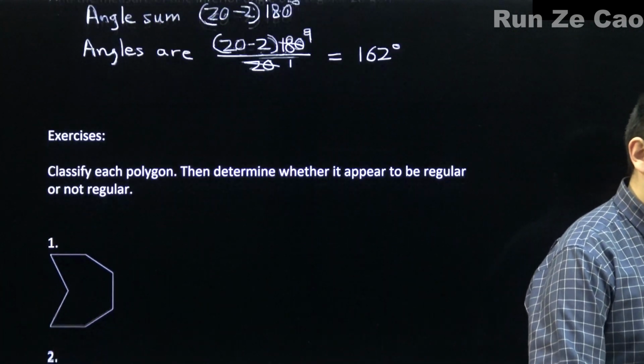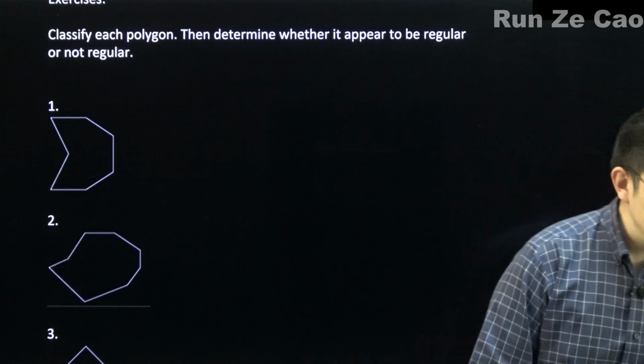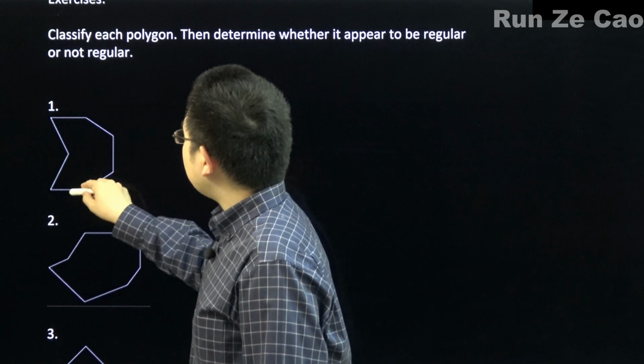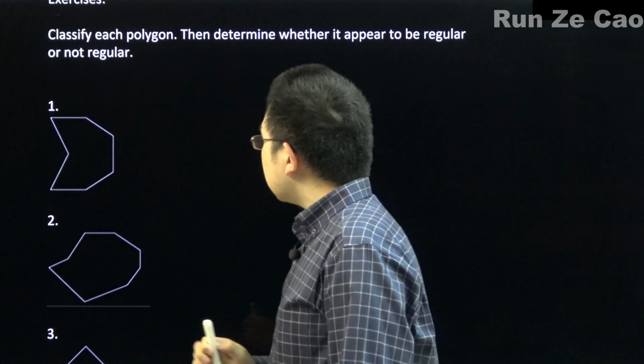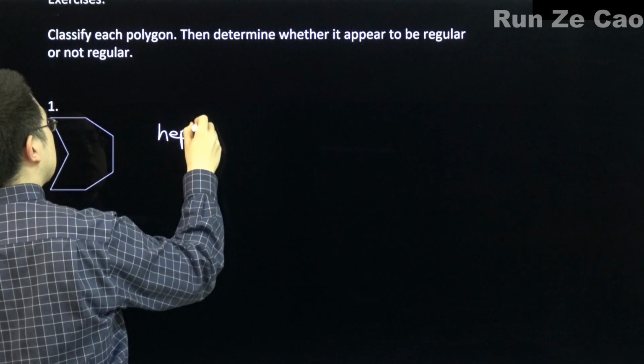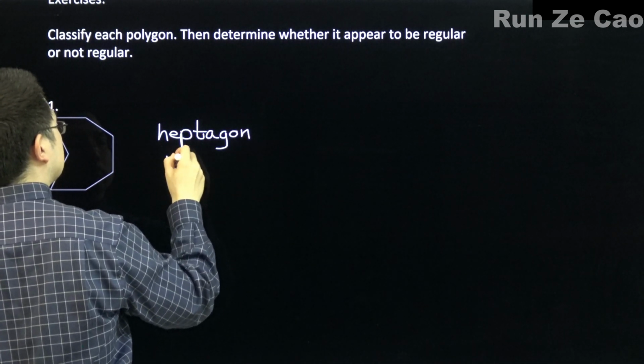Now let's classify some polygons and determine whether they appear to be regular or not. Here, how many sides do we have? 1, 2, 3, 4, 5, 6, 7. This is a heptagon. And it is not regular.